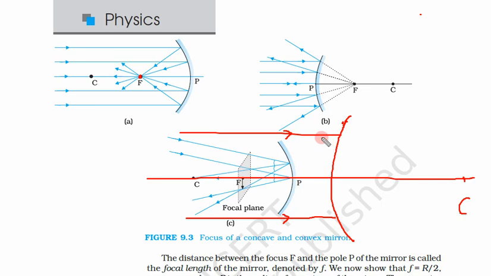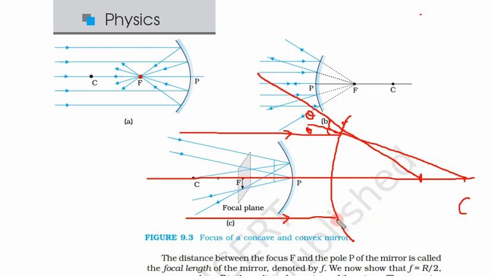This is our parallel light beam. Then what happens? If we connect this point with C, this is our normal. This angle is theta, so the beam must be reflected at angle theta. So this angle is also theta. If we extend this line, it will come to this point.